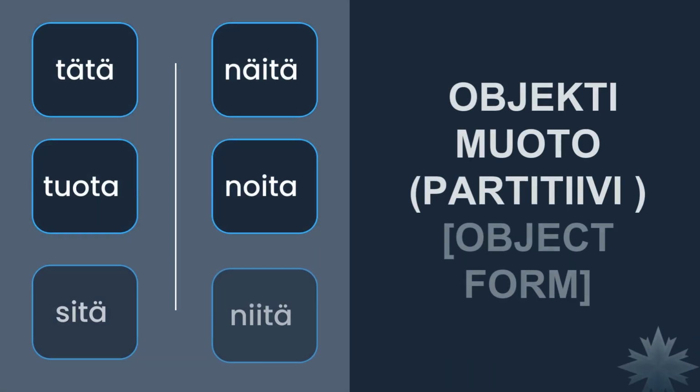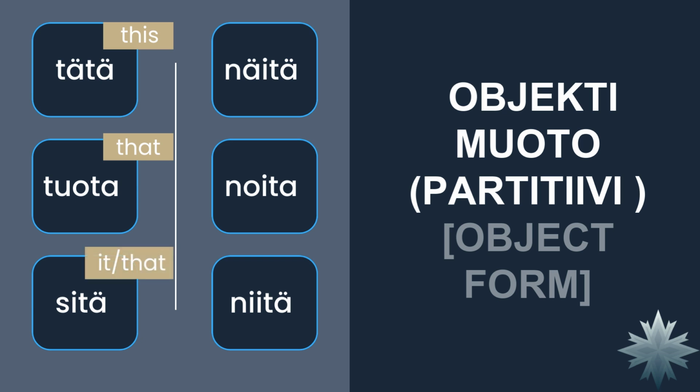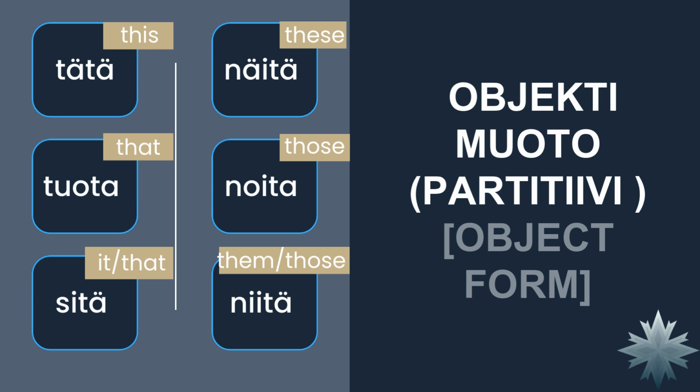Now let's look at demonstrative object pronoun in the partitive case. Tätä, this, tuota, that, sitä, it or that, näitä, these, noita, those, niitä, them or those.